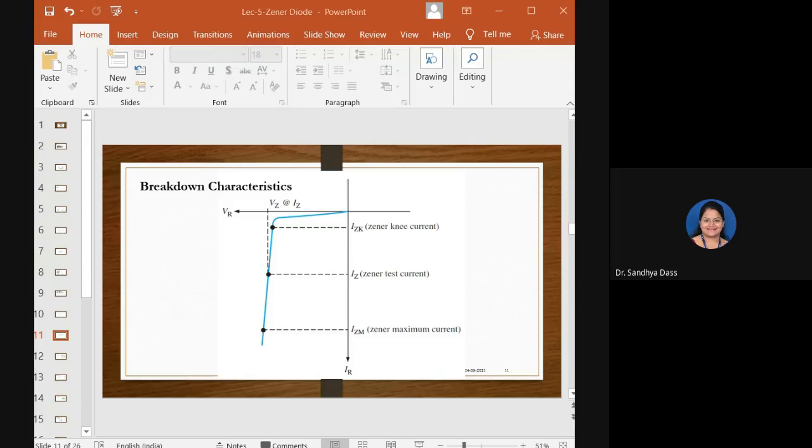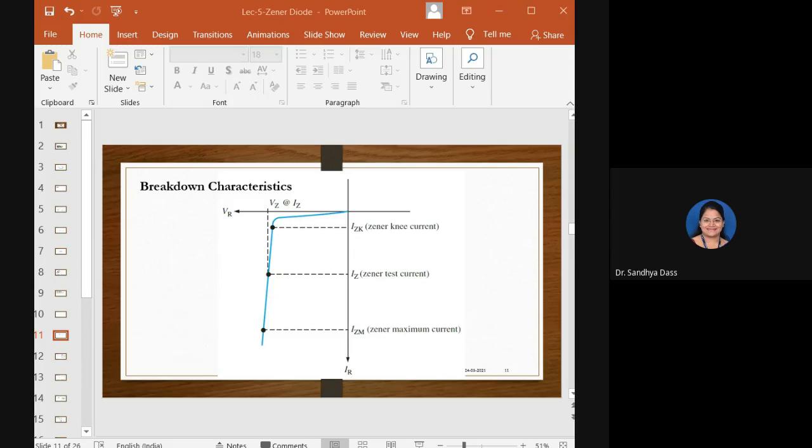The key feature of the Zener diode is its ability to keep the reverse voltage across its terminals essentially constant. This figure shows the reverse portion of the Zener diode characteristic curve.